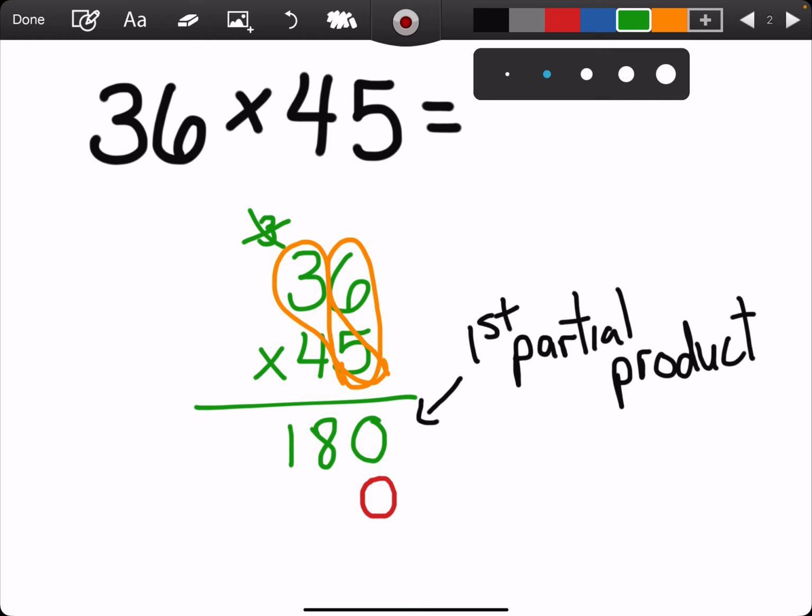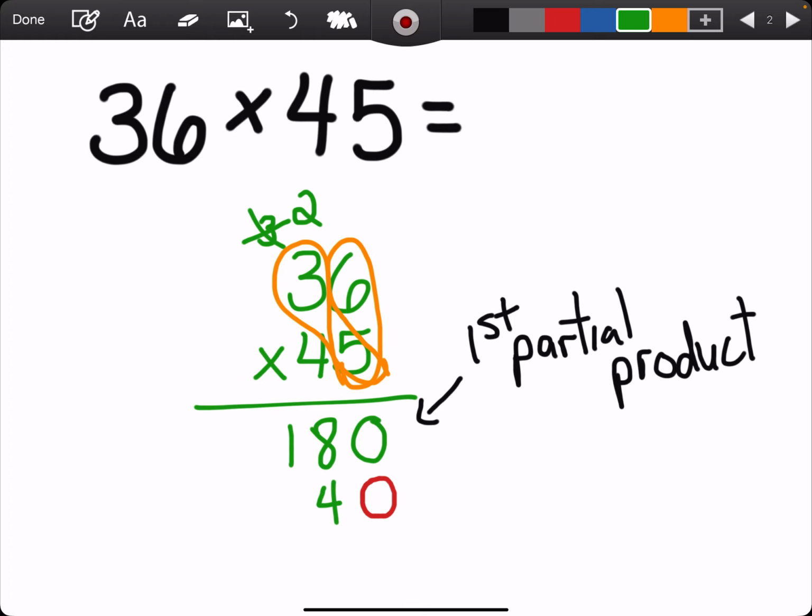So 4 times 6 is 24, all right? I'm putting the 2 on top of my next column, all right, of the number I'm multiplying, and then I put the 4 down low in my next row, okay? Now, I do 4 times 3, which is 12.